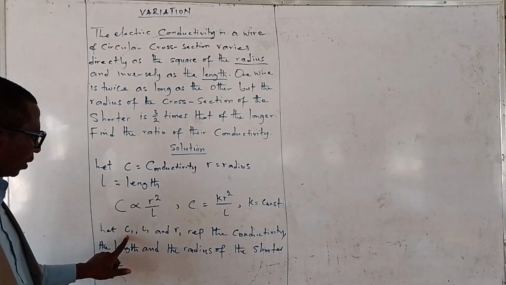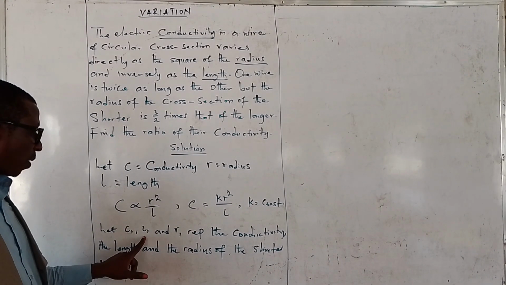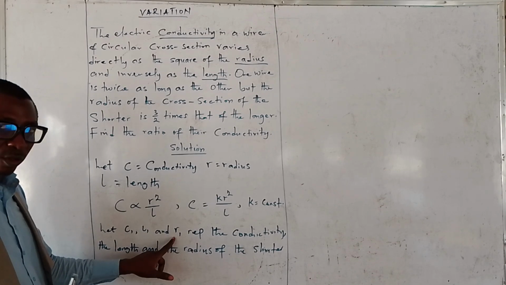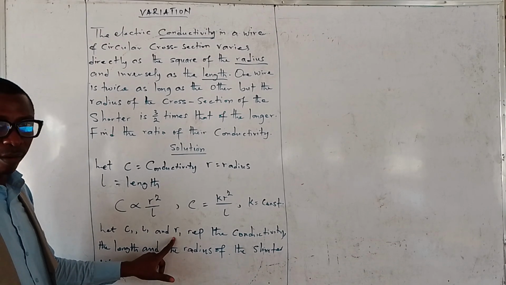So C1 is the conductivity, L1 is the length, and R1 is the radius of the shorter wire.